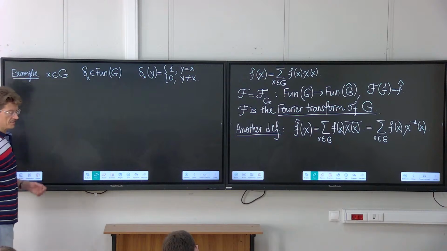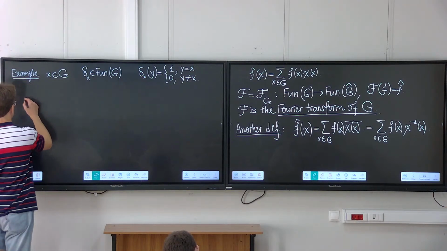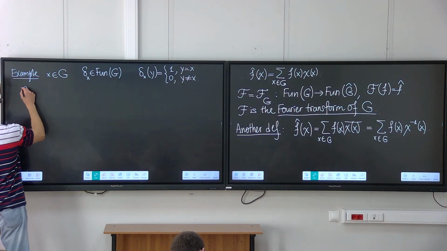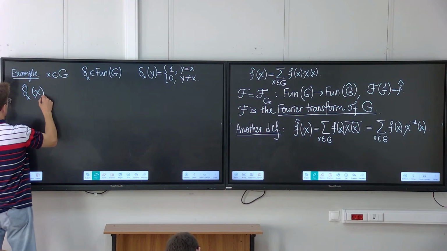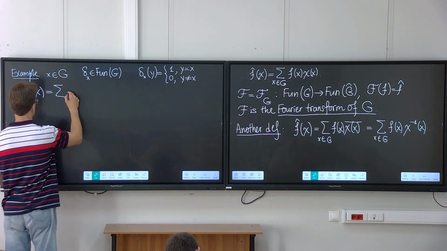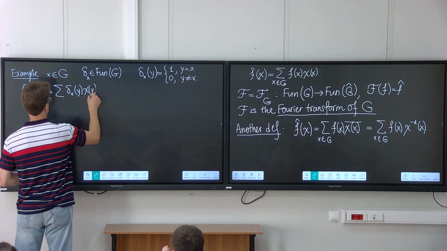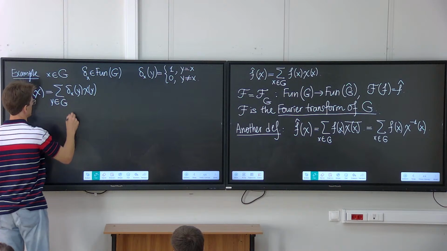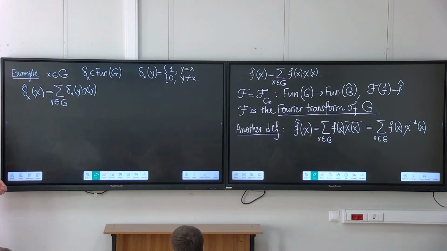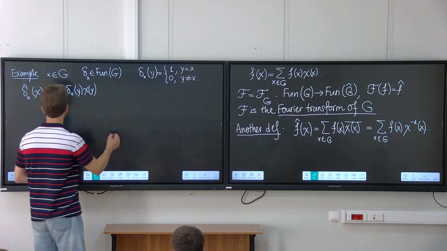Let's calculate the Fourier transform of delta x. Well, delta x hat of chi is equal to the following sum. And we see that only one term survives here, namely chi of x.